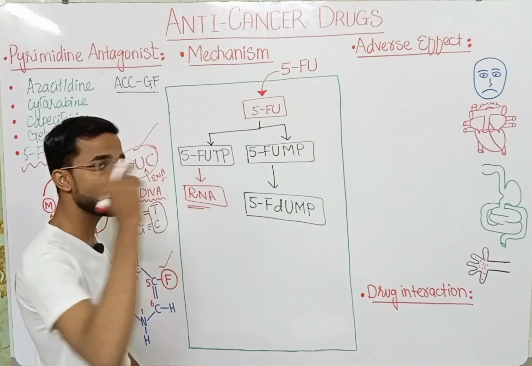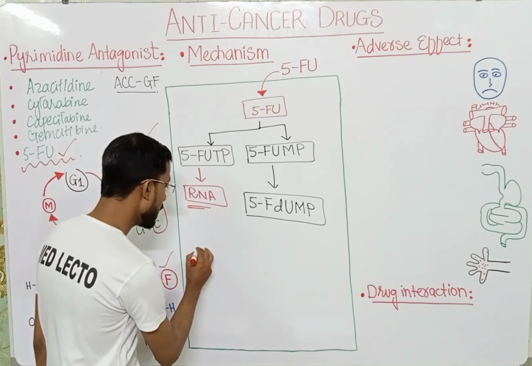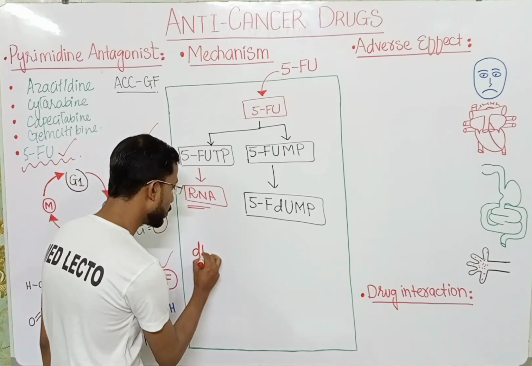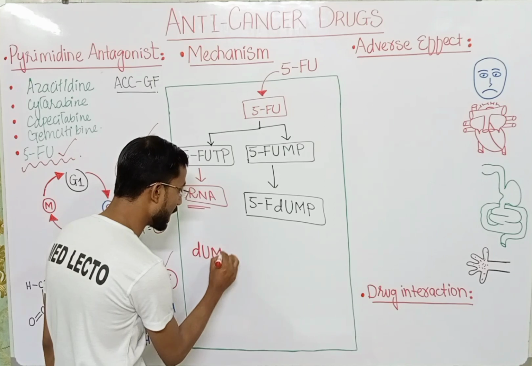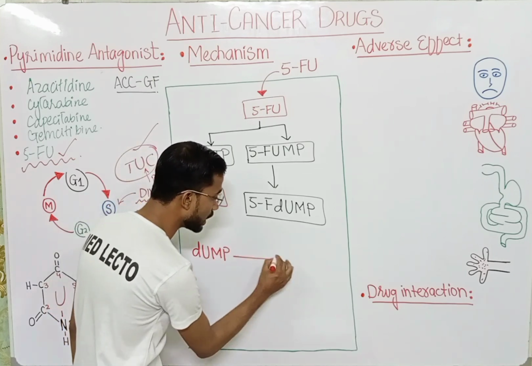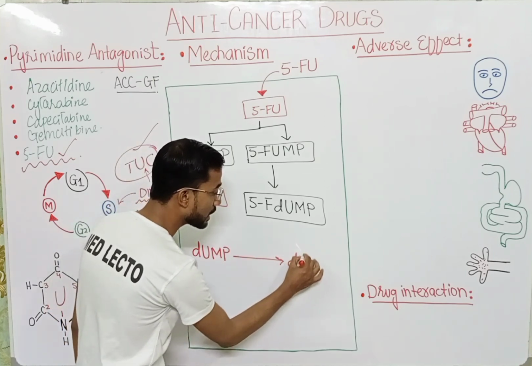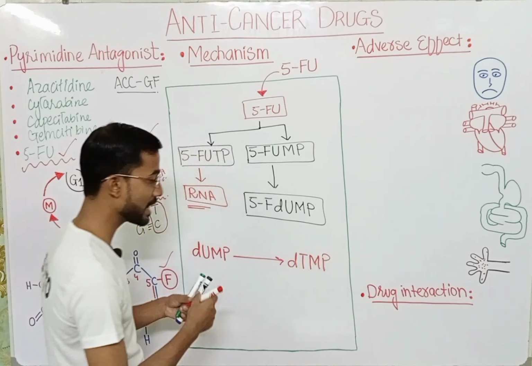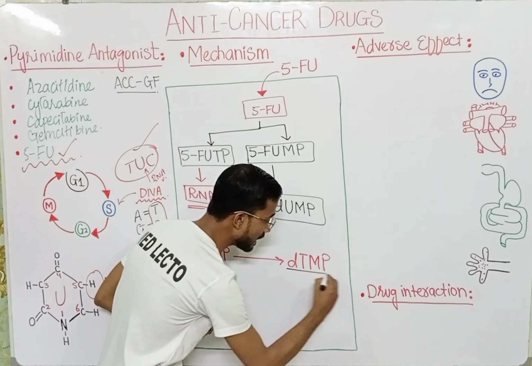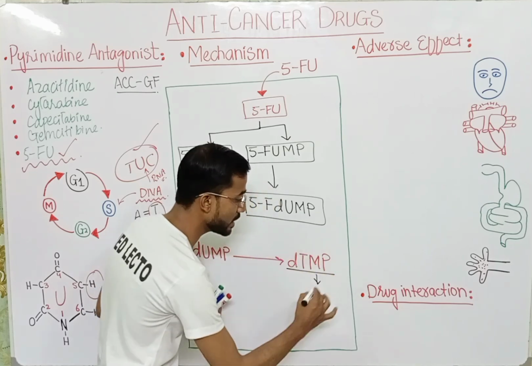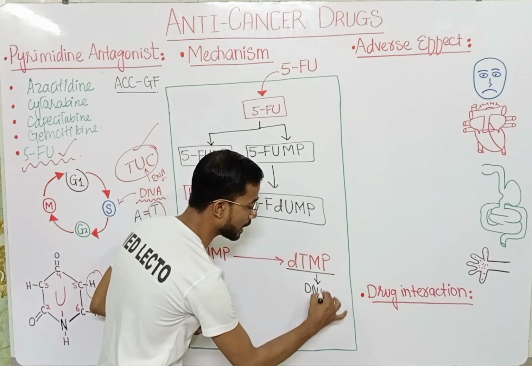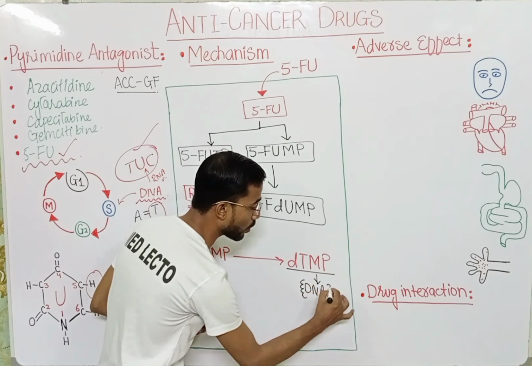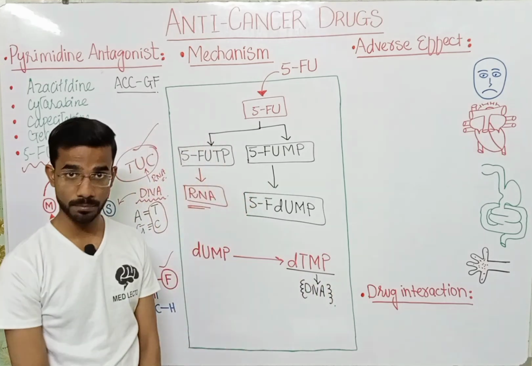In the normal process, deoxyuridine monophosphate converts into deoxythymidine monophosphate. It has the word thymine, which means it is very important in the synthesis of DNA, because DNA requires thymine.